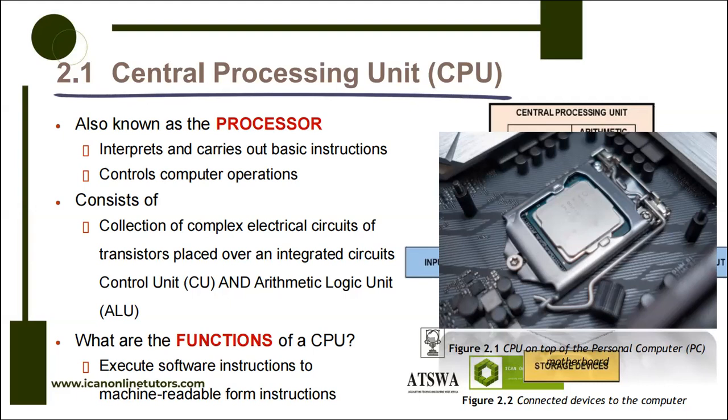So once a set of instructions is sent, it moves forward to interpreting it, and as a result the operations in the computer will be changed towards achieving that goal. And these operations are being controlled by the processor.